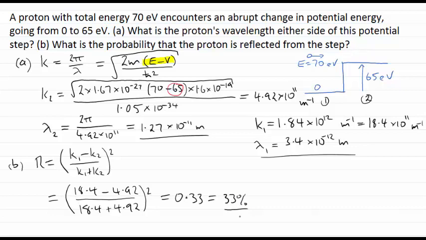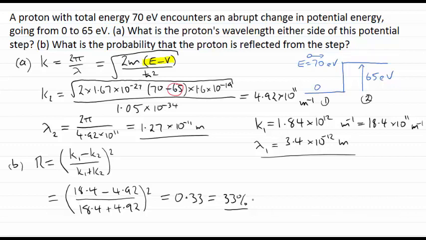So the probability that this proton will be reflected as it encounters this potential step is actually pretty much a third, 33%. And you might recall that's quite different to what a classical expectation would be. If this particle has energy higher than the step, classically we'd expect no reflection. This particle would definitely go over that potential step.